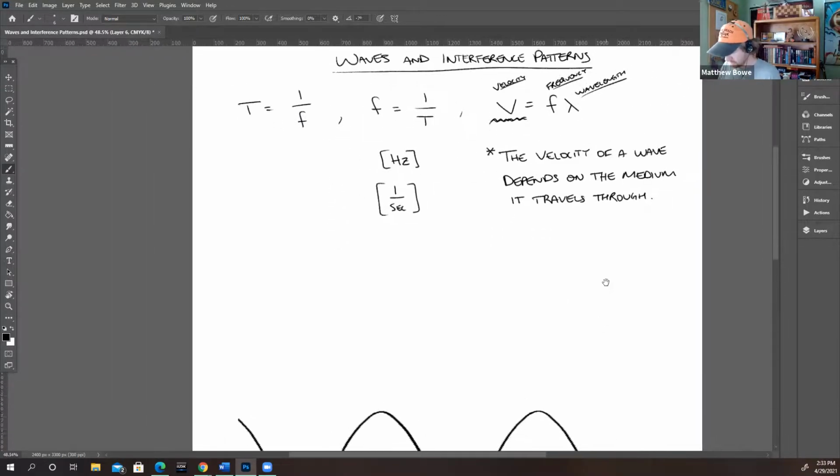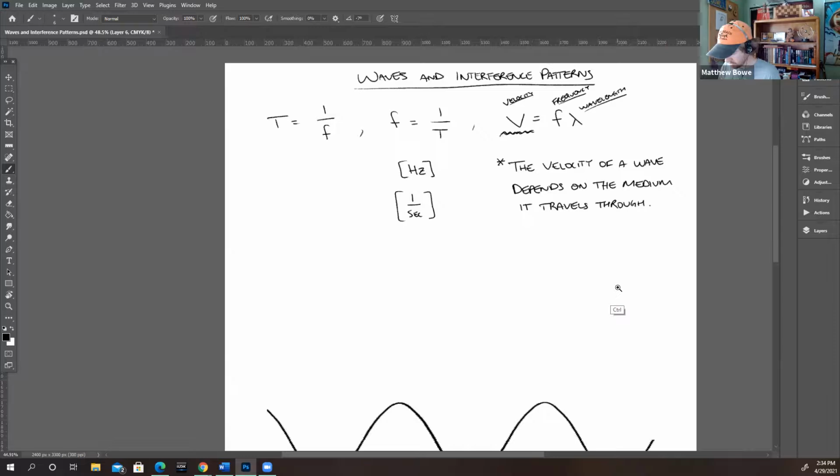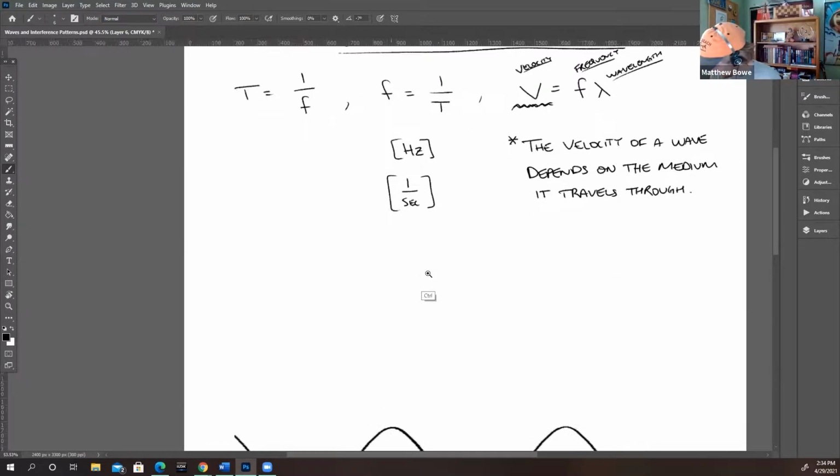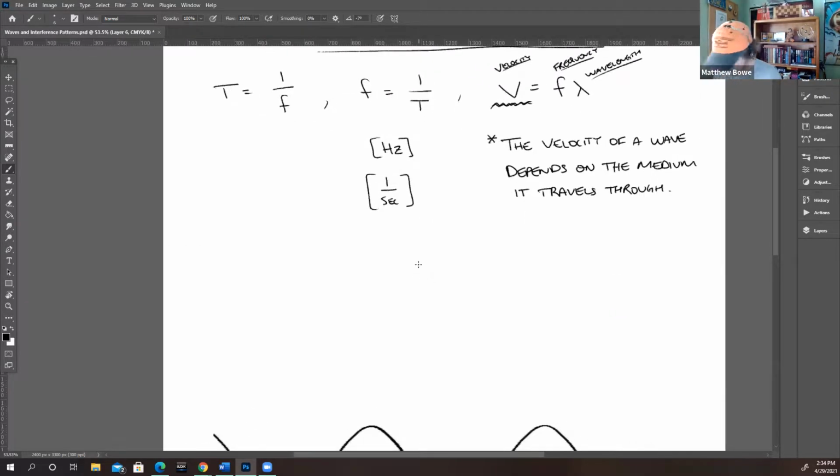All right, let me do a few things with waves on a string. Let's say we have a string that's attached to a wall. And I give it a single pulse, a single wave that moves down the string in one direction.